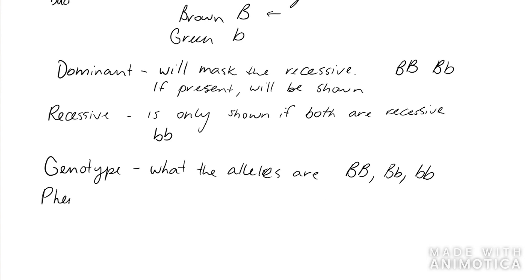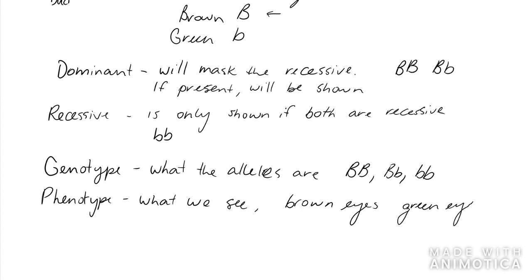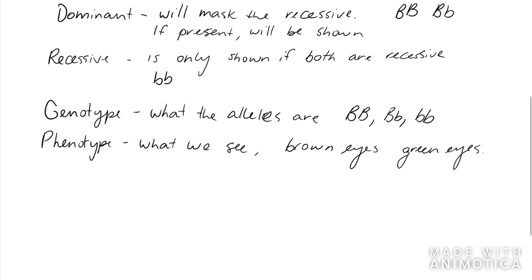Phenotype is what we see. Brown eyes, green eyes. So as you see, there's three different possibilities when we're just using one letter and capital and lowercase letters.